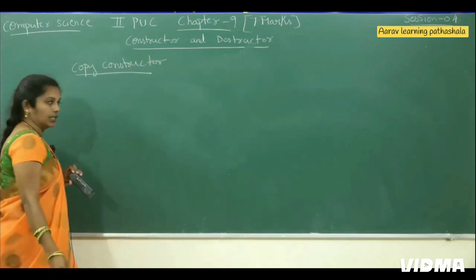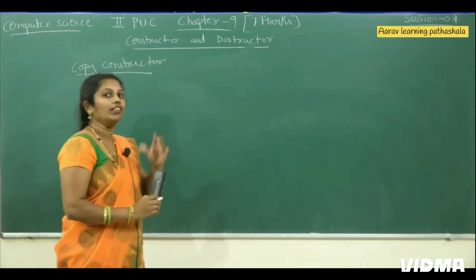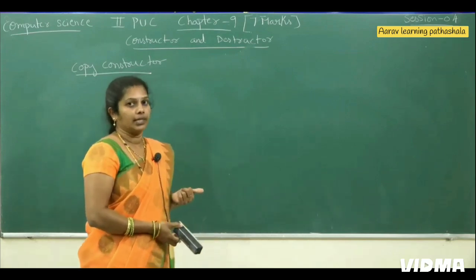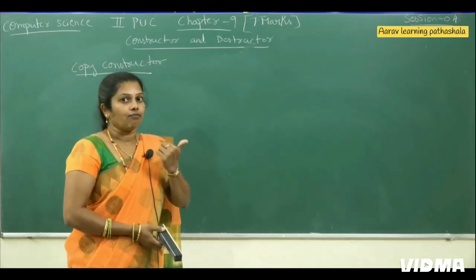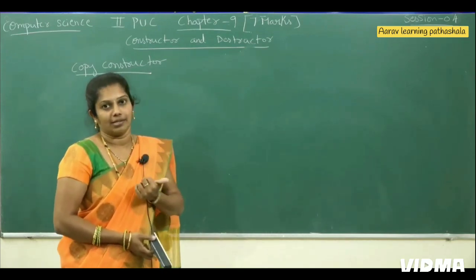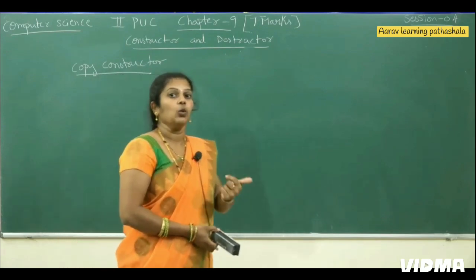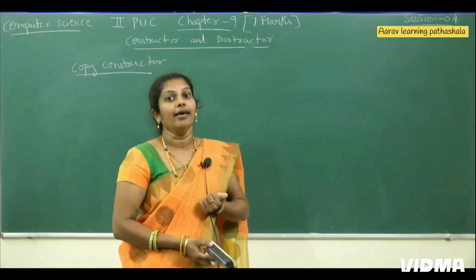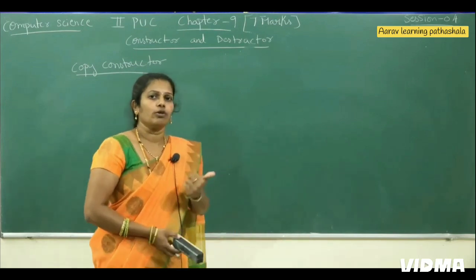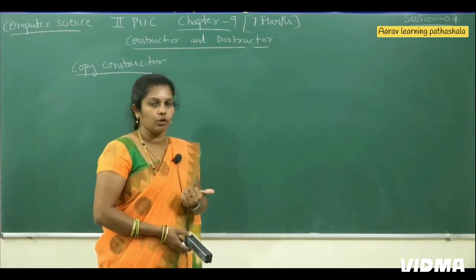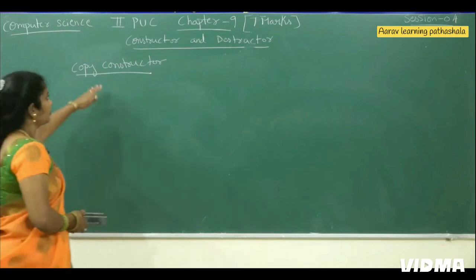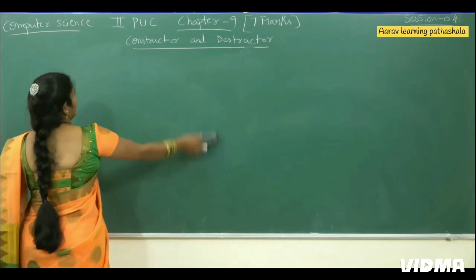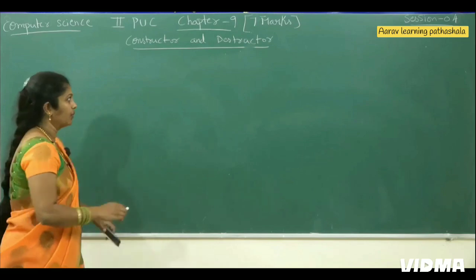This copy constructor will execute when we have to copy one object to another object, and this copy constructor cannot be invoked explicitly. This we are going to explain with an example program also.